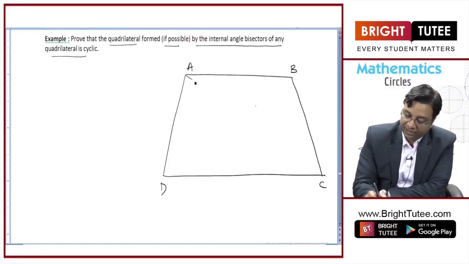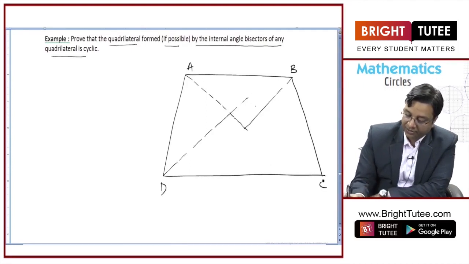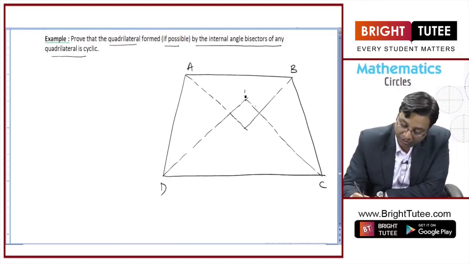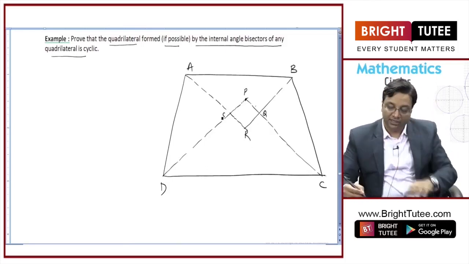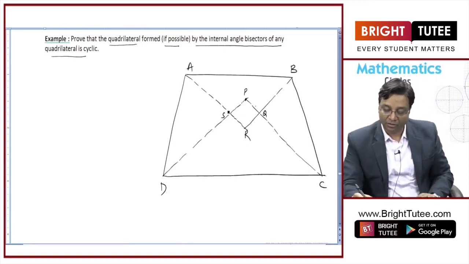If I take the internal angular bisectors of angle A, angle B, angle D, and angle C, they form a quadrilateral inside. I am talking about this quadrilateral PQRS. And this quadrilateral PQRS is cyclic. This is what we need to show.